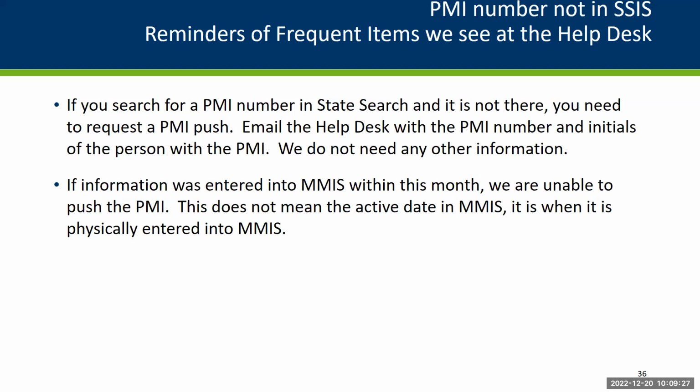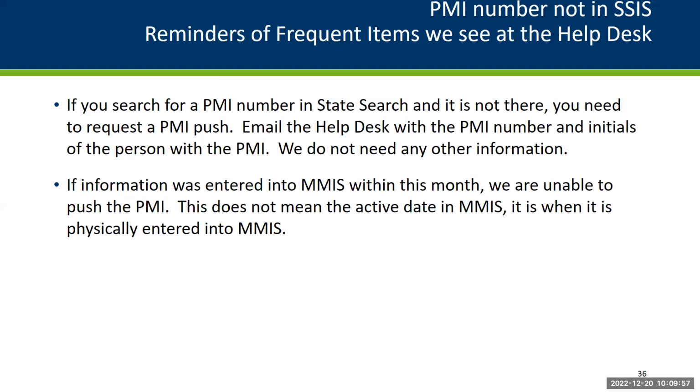When we do push the PMI, we will let you know that we've pushed it. And we send an email kind of explaining some information as to why you might not have seen a change. The biggest one that I've seen at the help desk for why there hasn't been a change is when there are multiple PMIs and the multiple PMIs all use the same social security number. When you go to the state clearing log, it's automatically looking for the first social security number it finds.